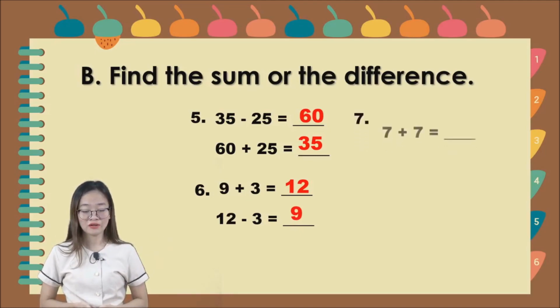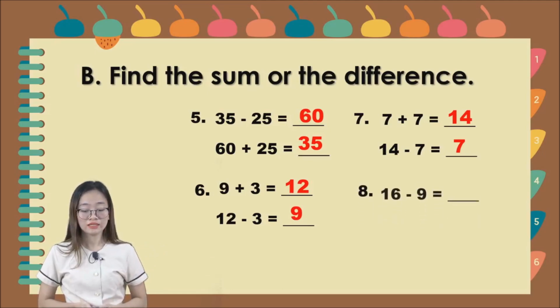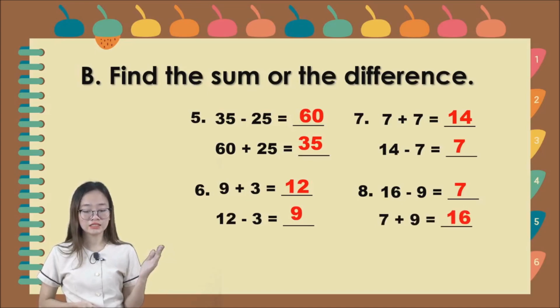Number 7, we have 7 plus 7 is equal to 14. And 14 minus 7 is equal to 7. Okay, next. Number 8, we have 16 minus 9 is equal to 7. And 7 plus 9 is equal to 16.